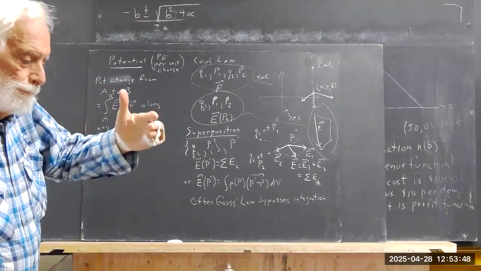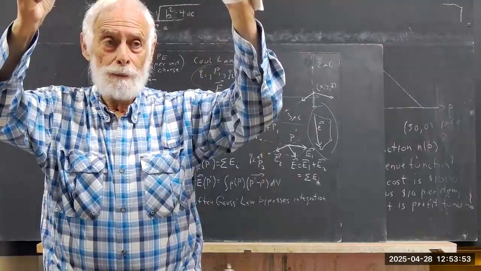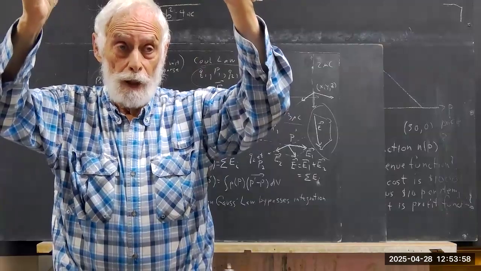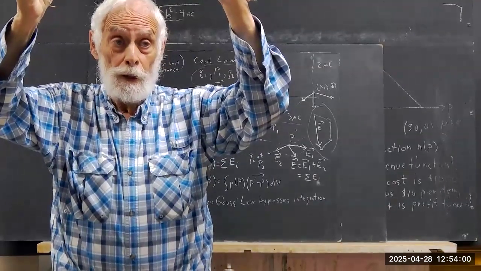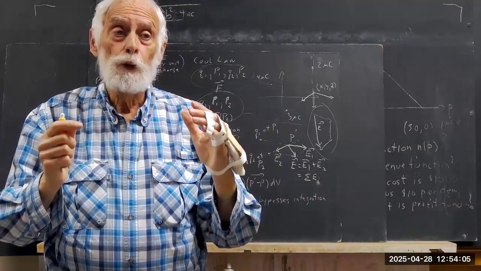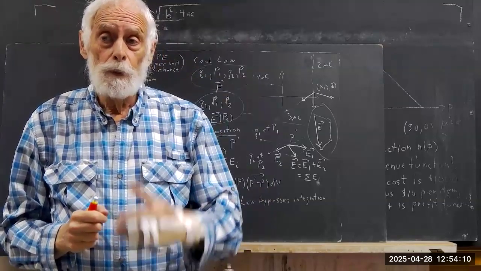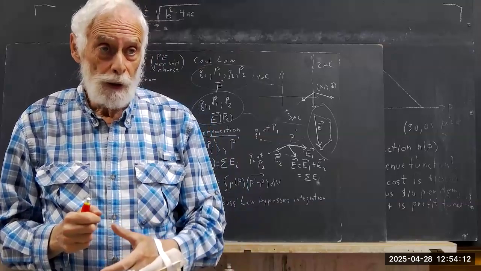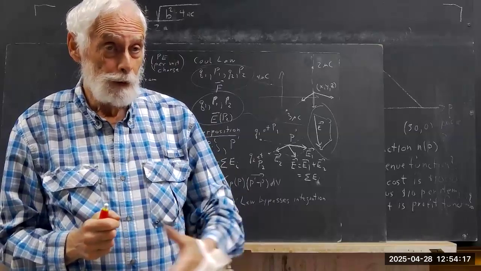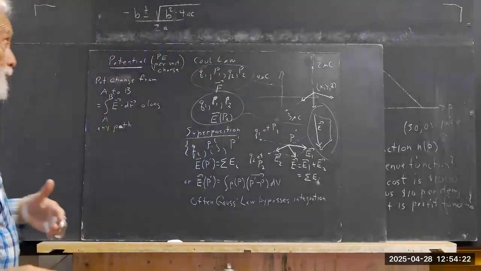Now, if I raise a concrete block from here to here, you understand that its potential energy is increasing. It's at higher gravitational potential here than it is here. Why is this? It's because gravity is doing negative work on it as I go from here to here. So the change in potential energy is equal and opposite to the work done by the conservative force, which is a definition I've been trying to drill into your head since September. With some success.